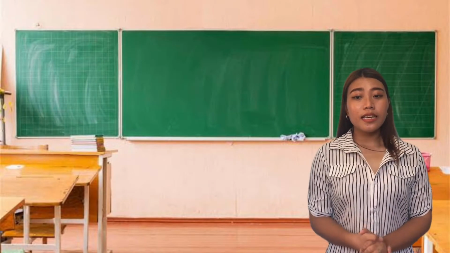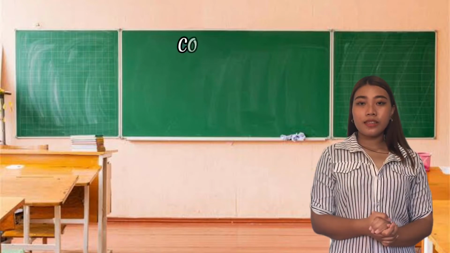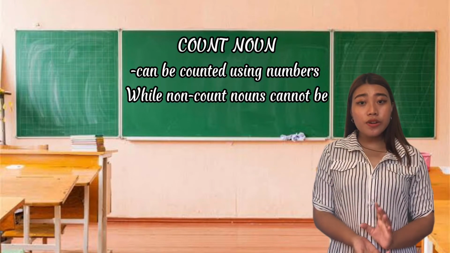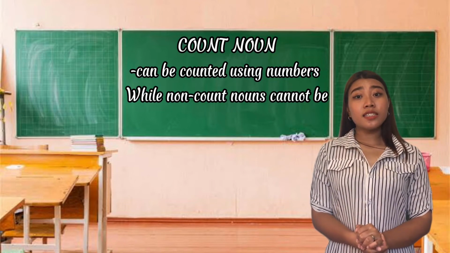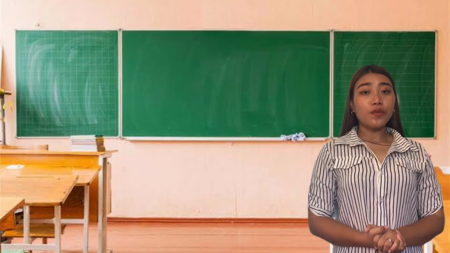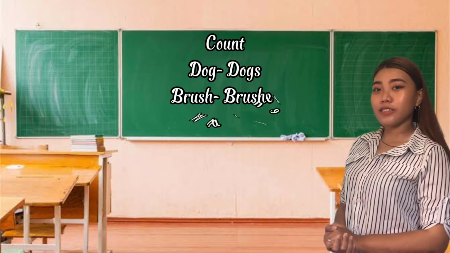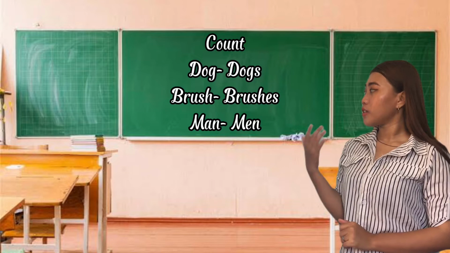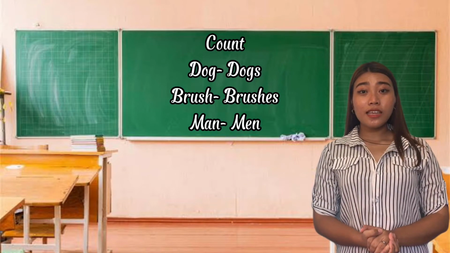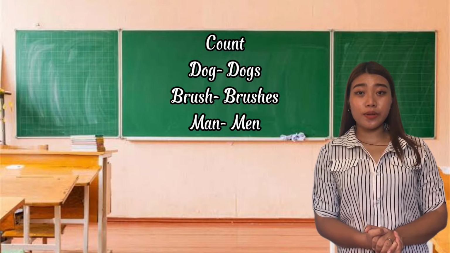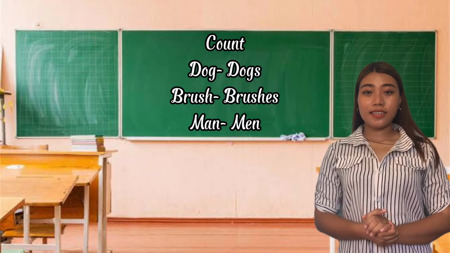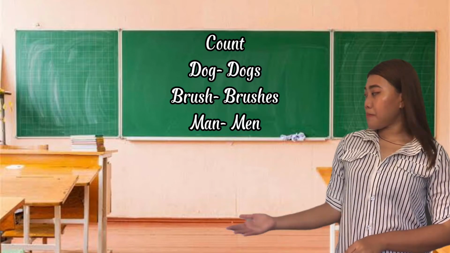Next one is count nouns. Count nouns can be counted using numbers, while non-count nouns cannot be. For example, count nouns: dog, dogs. So, it can be counted using numbers. Brush, brushes. Man, men.